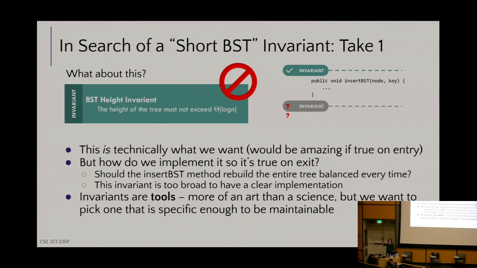So maybe I could put some type of rule, hey, you can't get any taller than this. This is technically what we want, but it is so difficult to code a tree that just checks its own height and then forces itself to be squat. That's our goal, but that's not really going to help us in implementation.